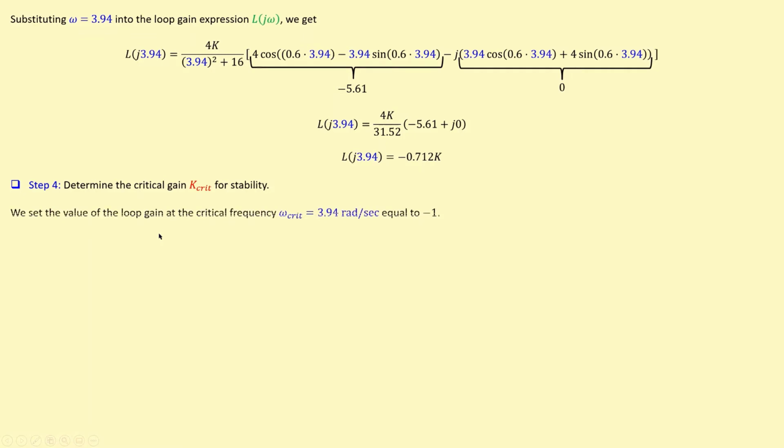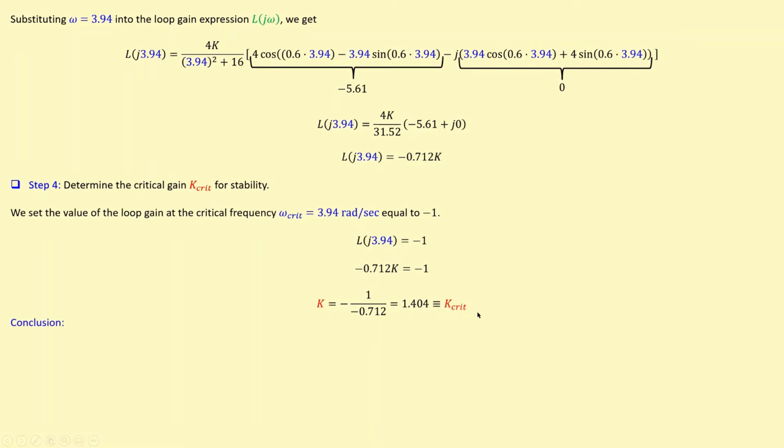So minus 0.712k is minus 1. If you work out the math, you will get 1.404 as the value for k, which is now defined as k critical.